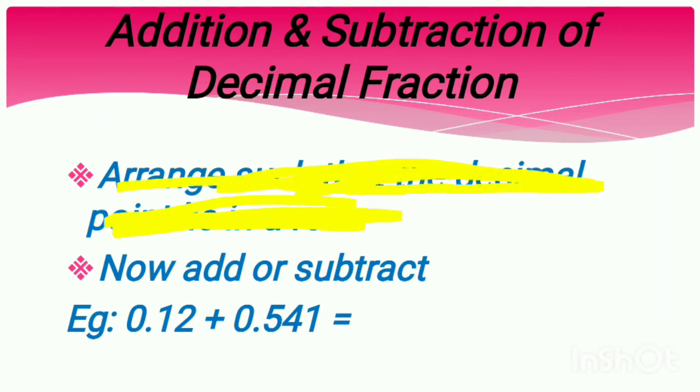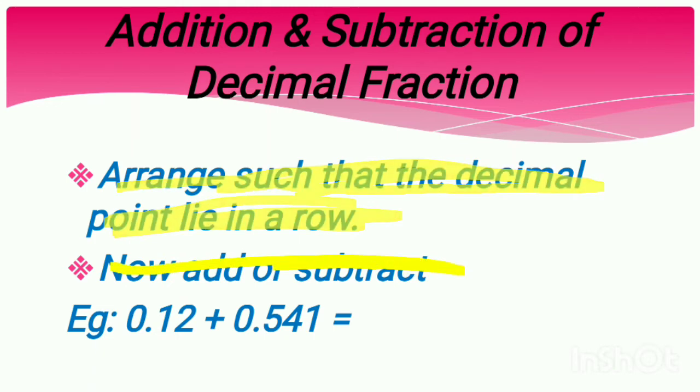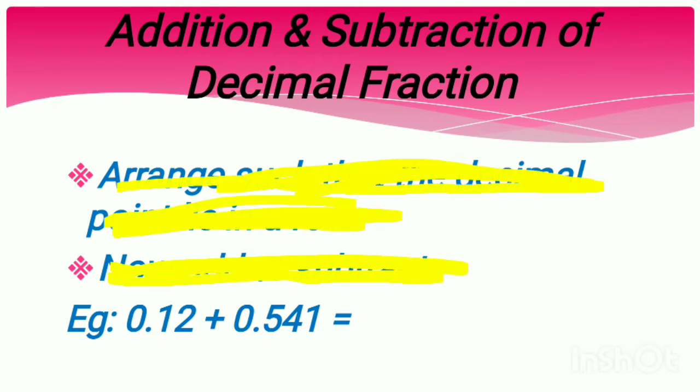Okay, we have to consider the decimal numbers and we have to write it in such a way that the decimal points are lying in the same column. Okay, in the second step, we have to add or subtract. Okay, here we have an example, that is 0.12 plus 0.541. Okay, how to write this?